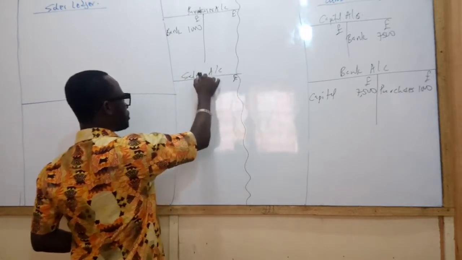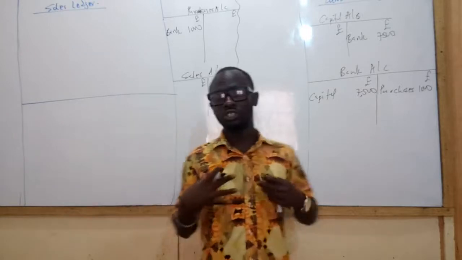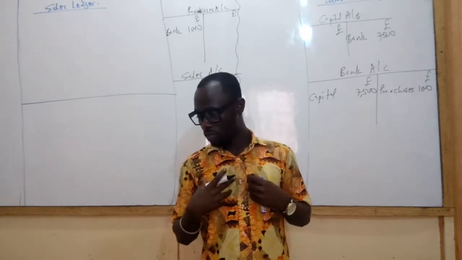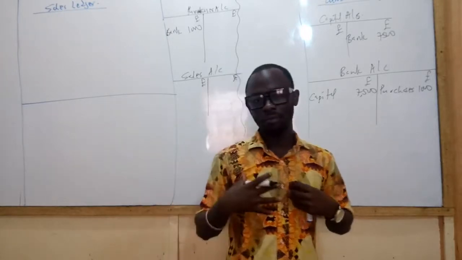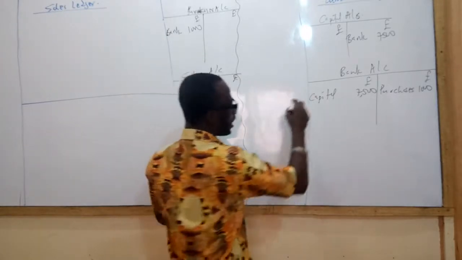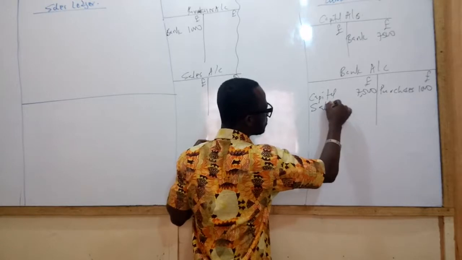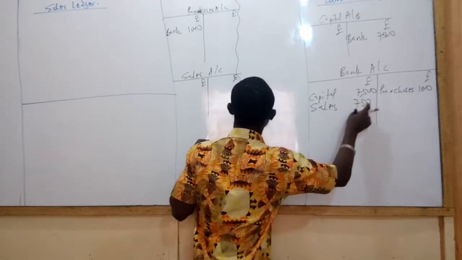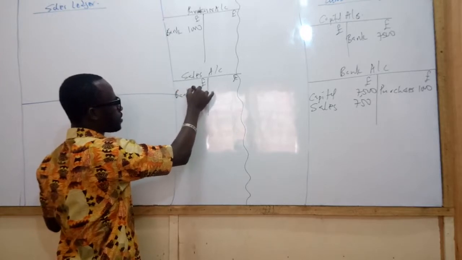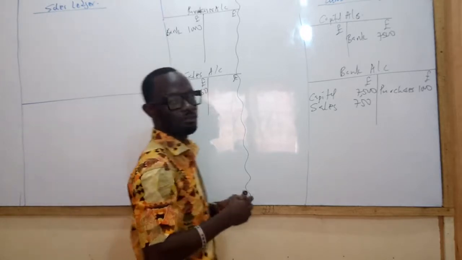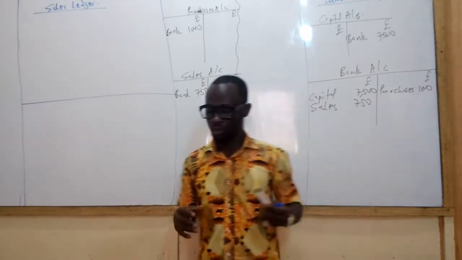And that's pounds. And we sold goods receiving a check of £750. So money is coming into the business. So we debit the bank account in the name of sales, £750. Then we credit sales in the name of bank, £750. Right? So that's how we do the entry.